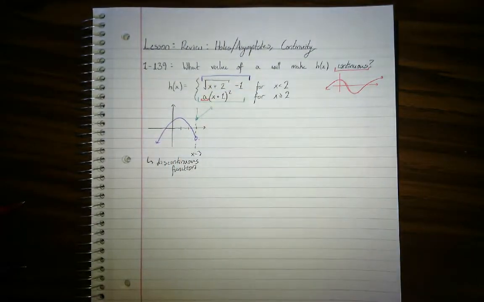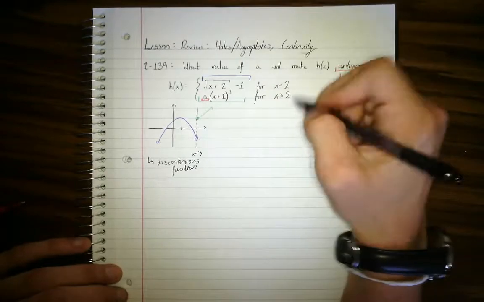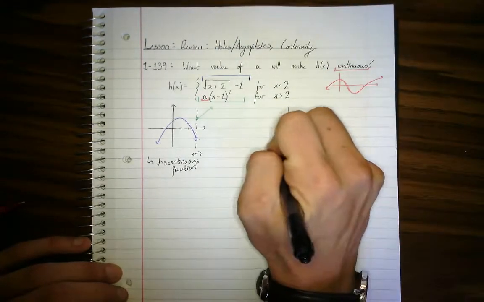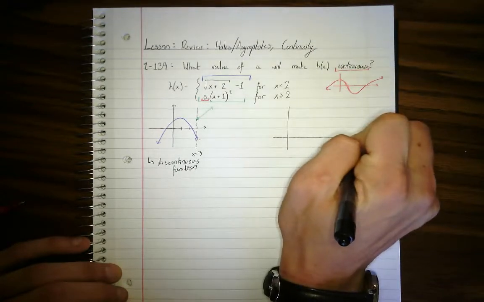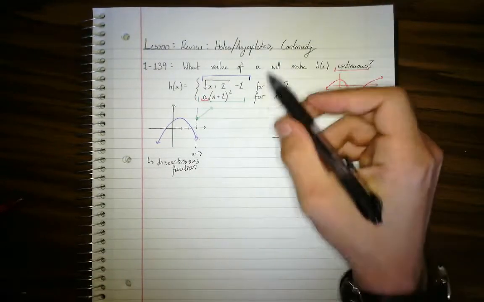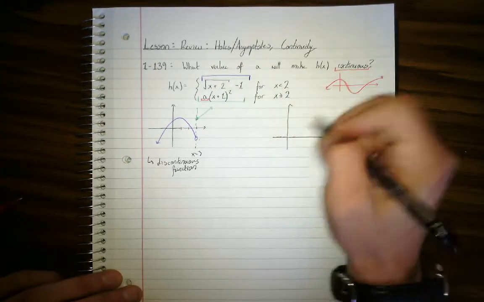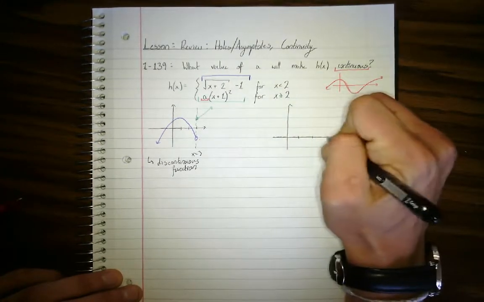So if we're trying to visualize this, we know what it's going to look like, so 1, 2, 3, 4.